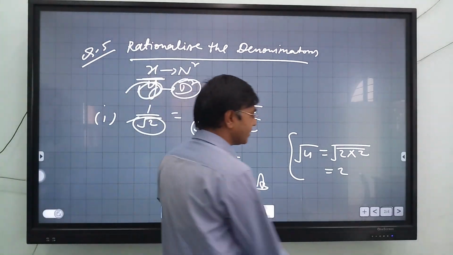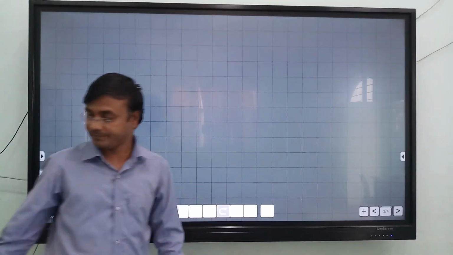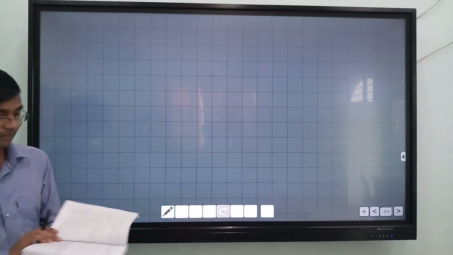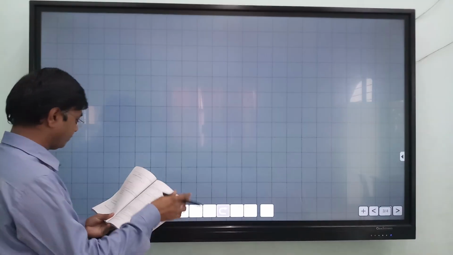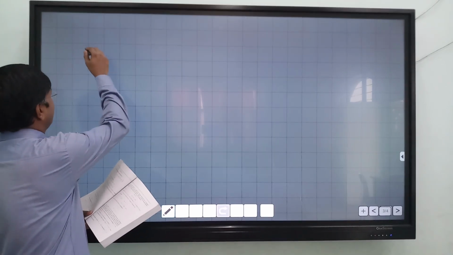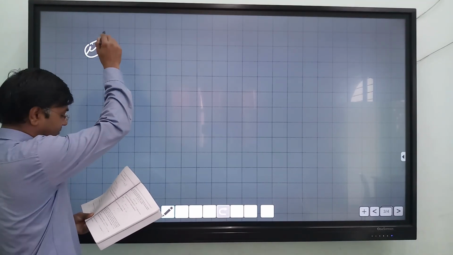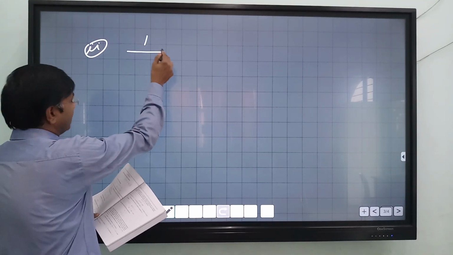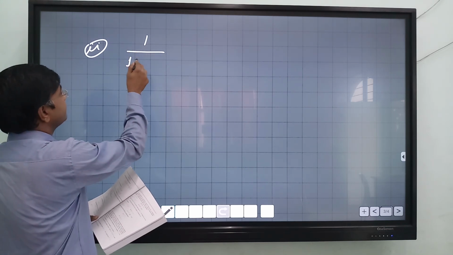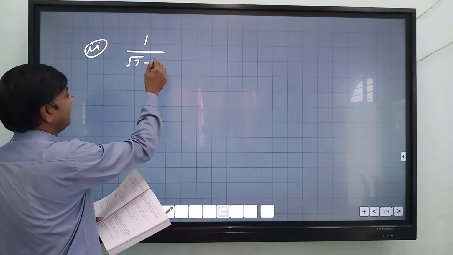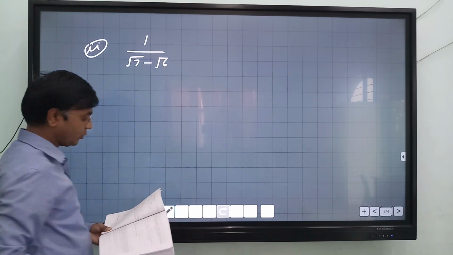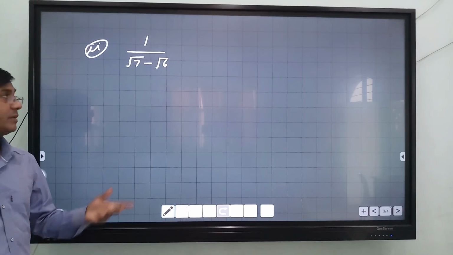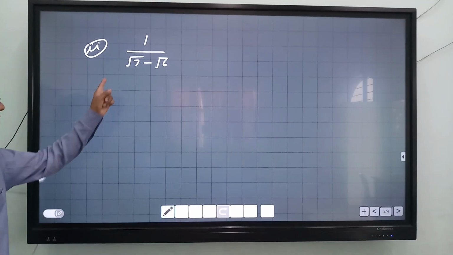Let's solve one more part. In the first part there was only one irrational number, that is under root 7, and in the second part we have two irrational numbers. In the rest of the parts also two irrational numbers are there, root 7 and root 6.